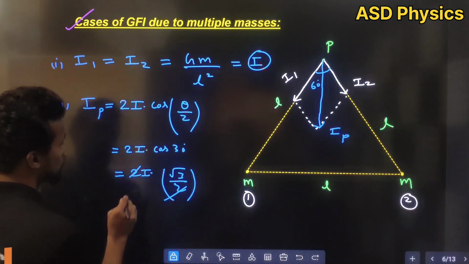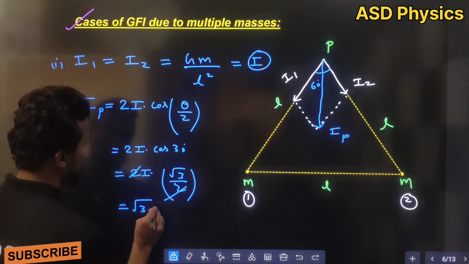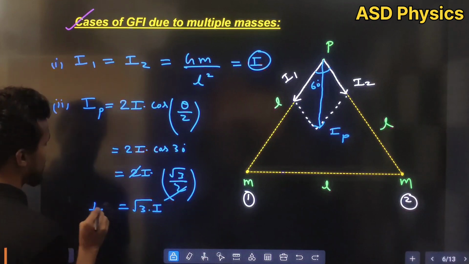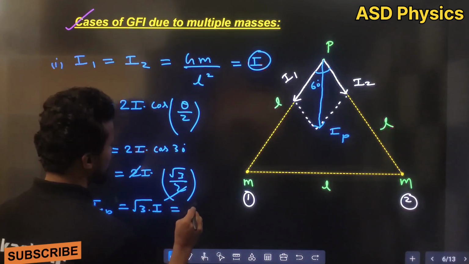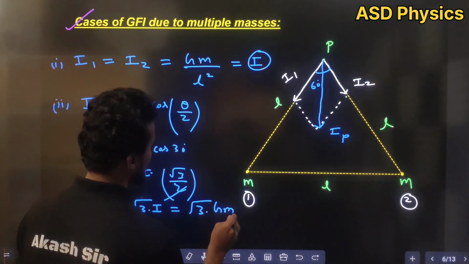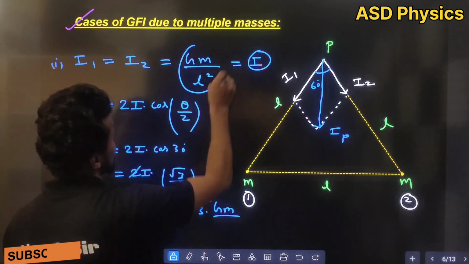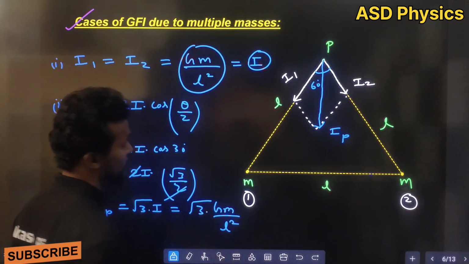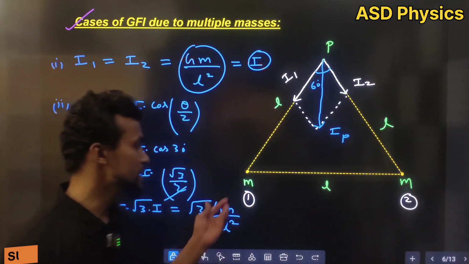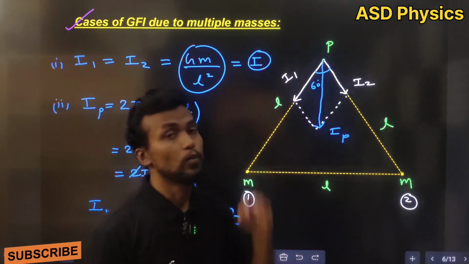Then this 2 and this 2 will cancel out. We can write root 3 I. The resultant intensity is root 3 into Gm by L square. So this is the resultant intensity due to two masses at point P.